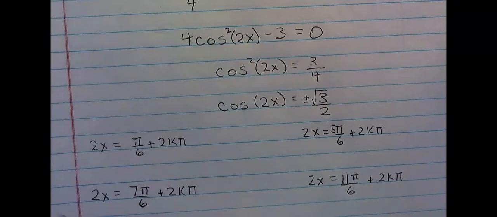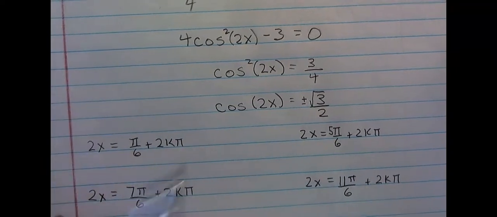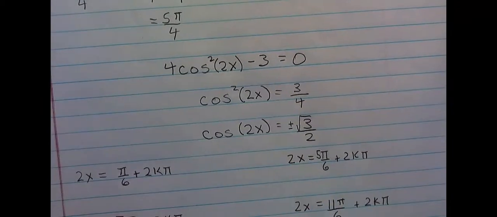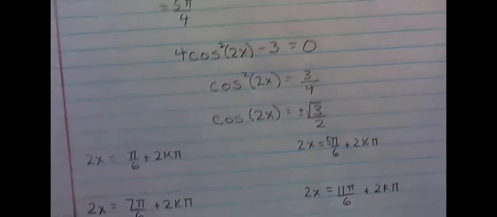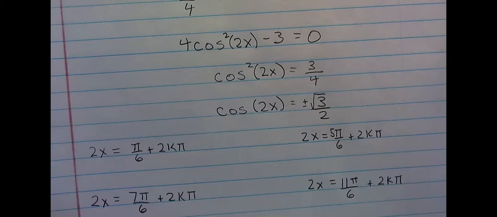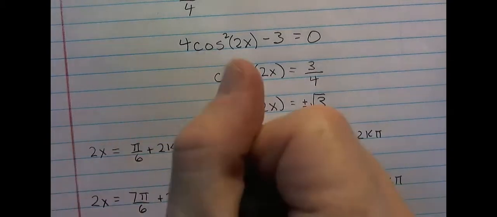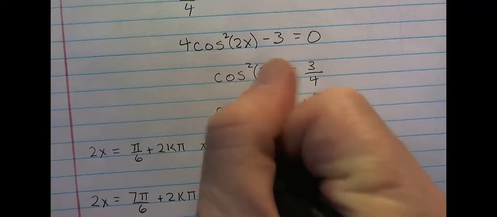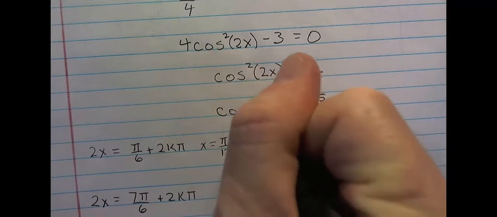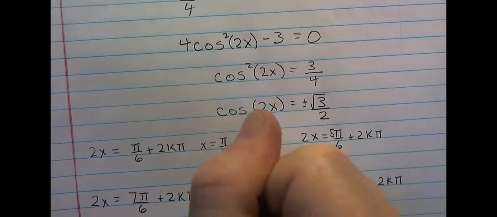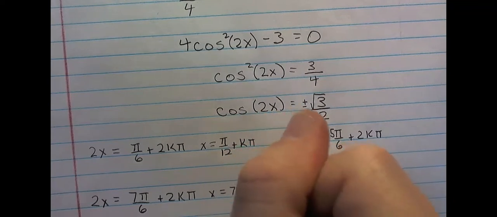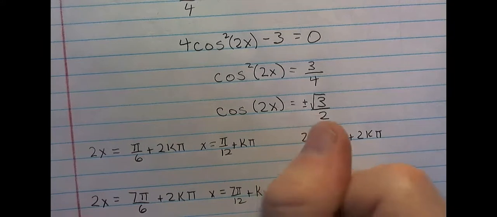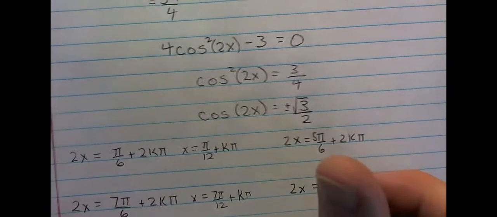There we go. So what we've done is we said, in this situation I know what 2x equals. But remember, we want what x equals. So x is equal to pi over 12 plus k pi. x is equal to 7 pi over 12 plus k pi. I'm just dividing through by 2.